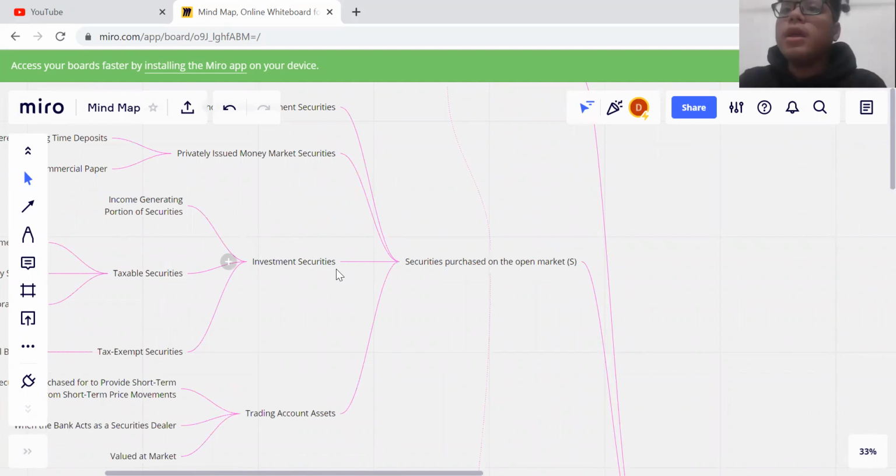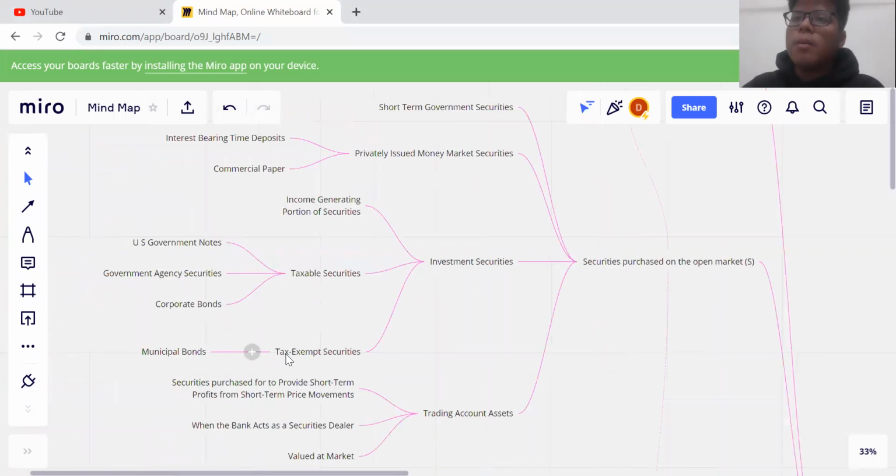Especially in investment securities, we have more, for example, the income generating portion of securities. The second, taxable securities. The third, tax-exempt securities.